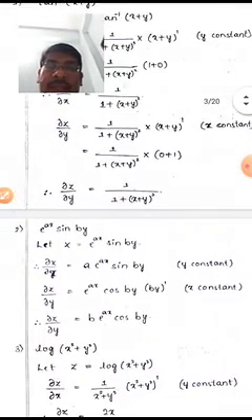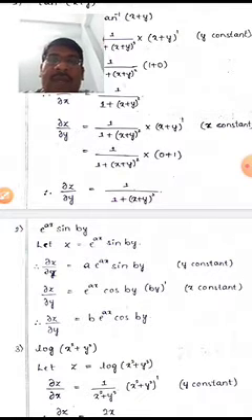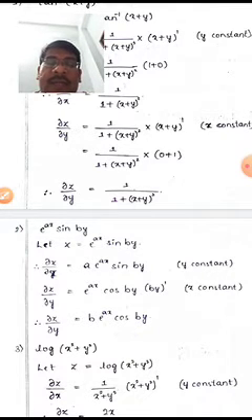Here the second one, e power ax sin by. Here z is equal to e power ax into sin by. Here there is a function of x and a function of y. z involves a function of x and a function of y. Here dou z by dou x is the partial derivative with respect to x.